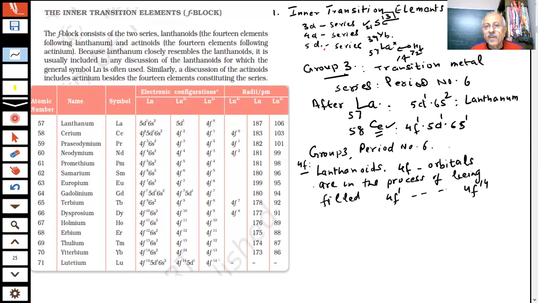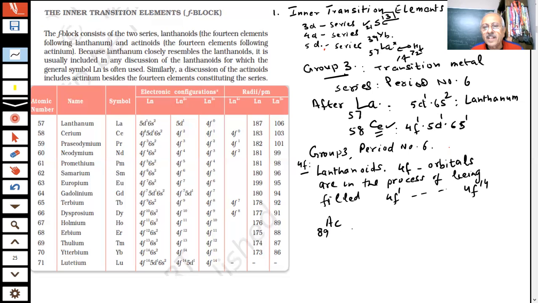So 4f is born out of the sixth period. After that, I have shown you that when I come to actinium, actinium is atomic number 89. Add 57 plus 32, you will get actinium, because 4f orbitals are also there now.